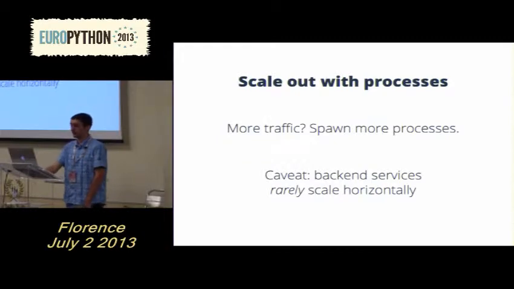The only issue with that is that you need to scale also the backend services accordingly. So if you have very small load and then have a traffic increase, you also need to ensure that your backend services will handle the load the same way.